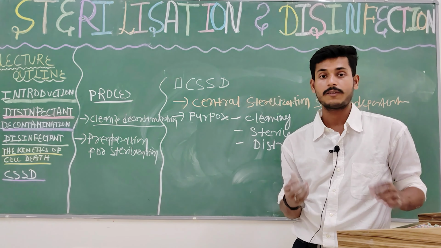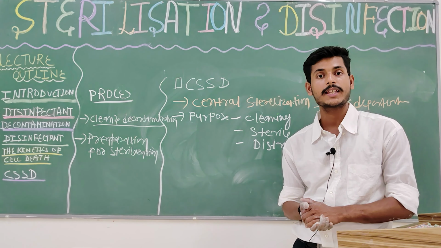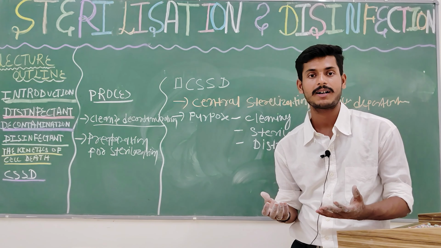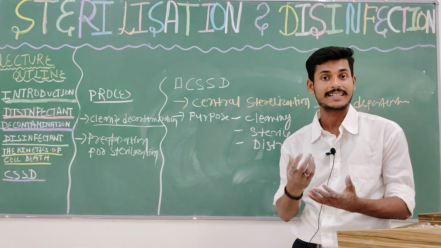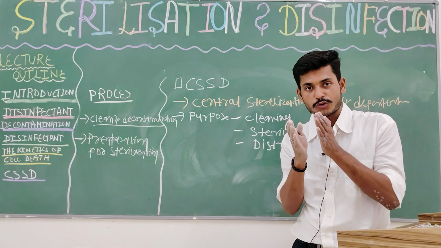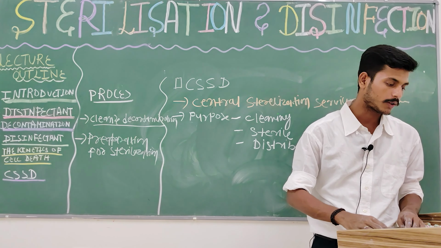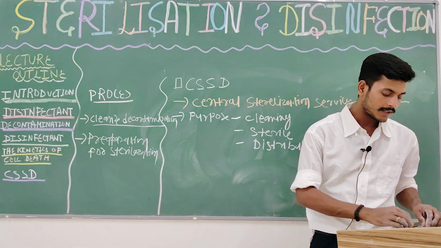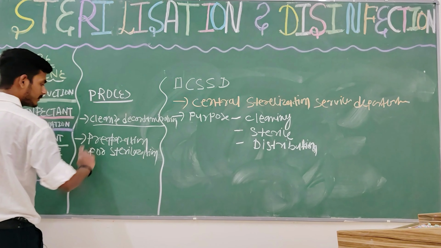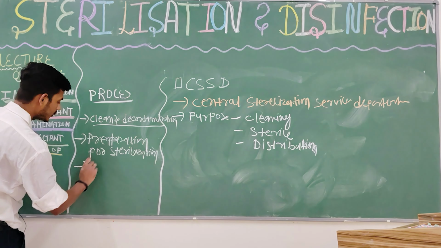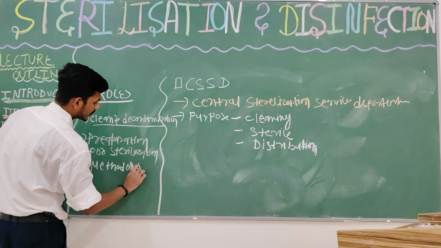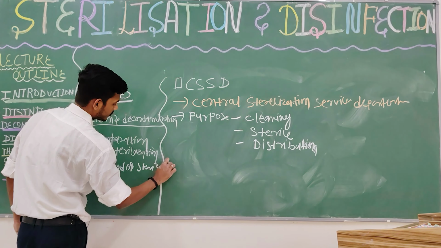Not all equipment is heat susceptible. Some are heat labile, heat sensitive, and they will easily break. So we have to choose one certain method, and that is the next step: after preparing for sterilization, we have to choose the method of sterilization.